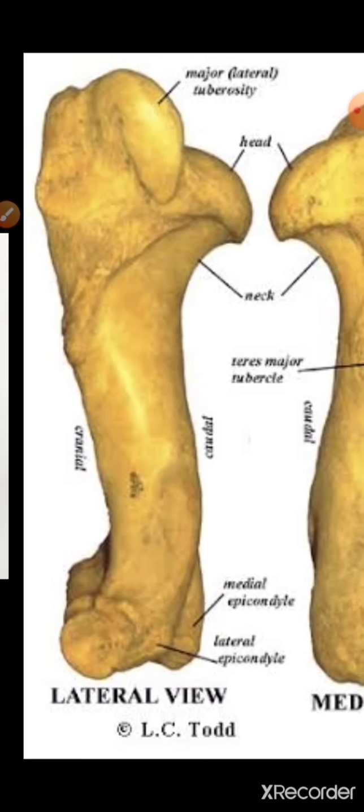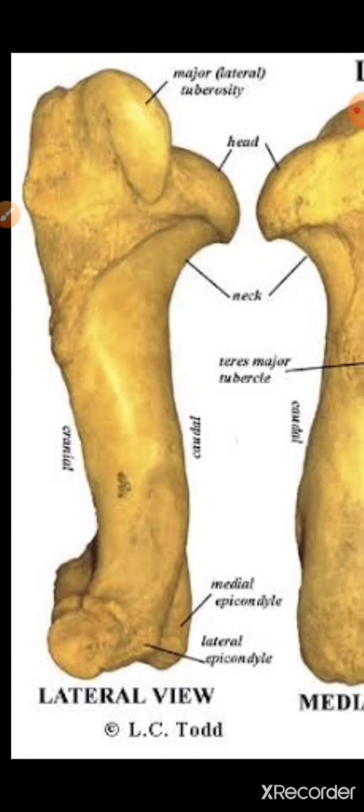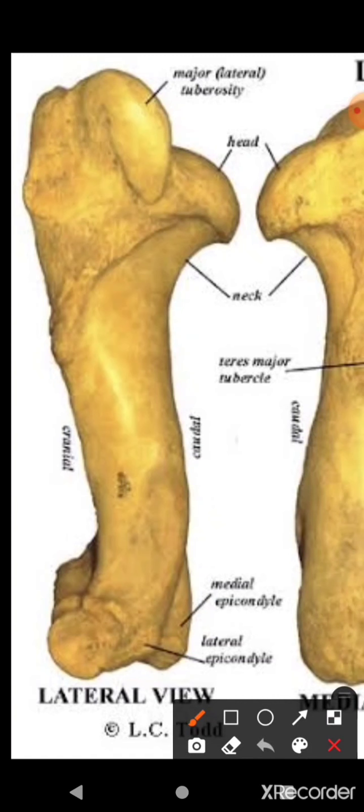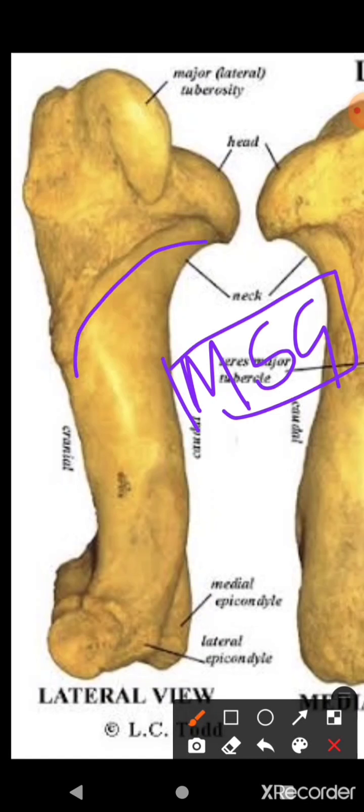Let us come to the lateral surface. The lateral surface is characterized by the presence of the musculospiral groove, commonly known as MSG, in which the brachialis muscle is present.